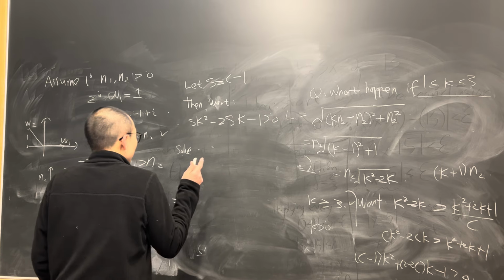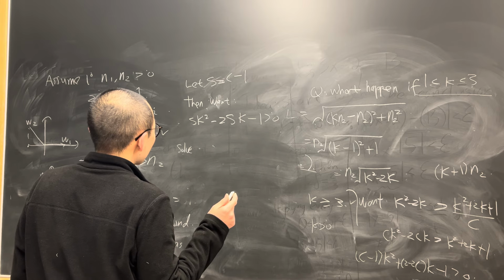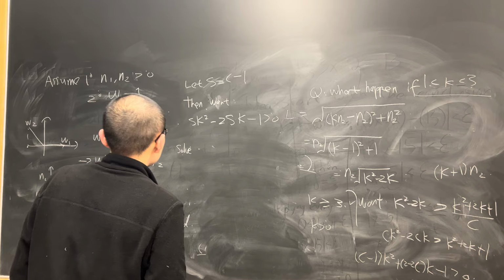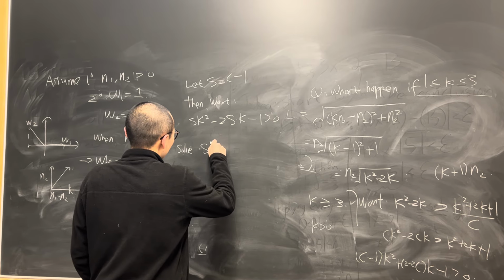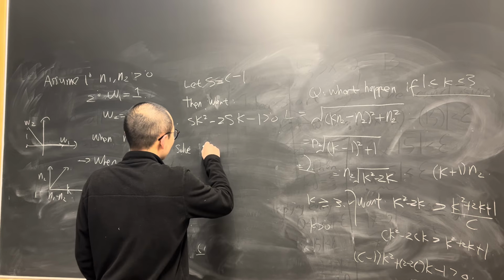Yeah, so it's a parabola, with the variable k, when k is between 1 and 3. So let's use the quadratic formula.